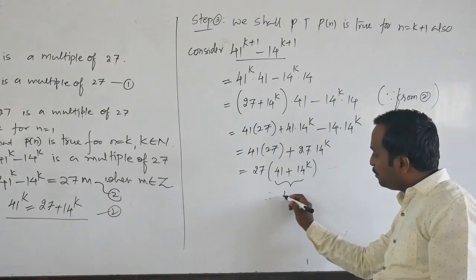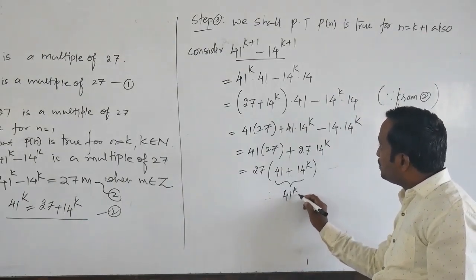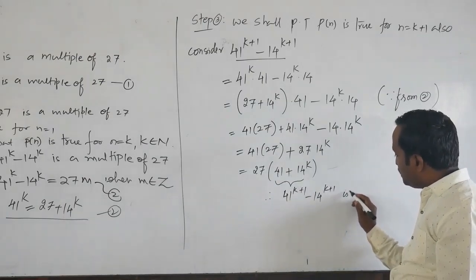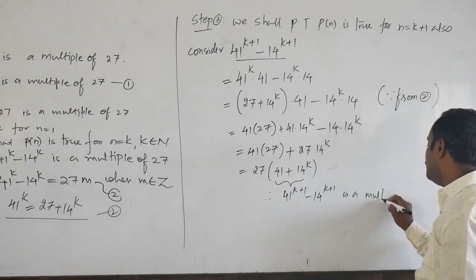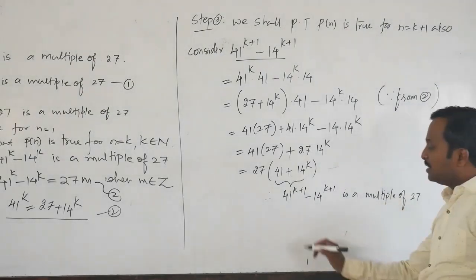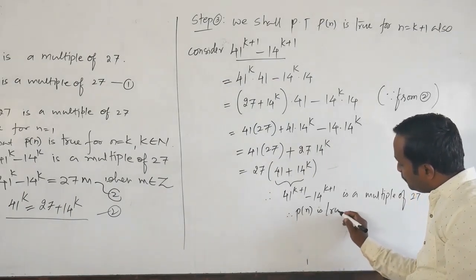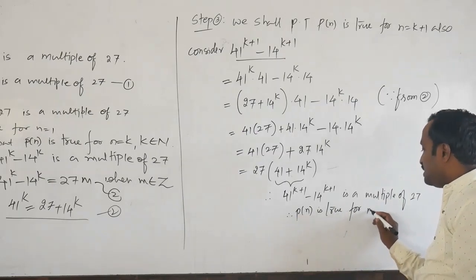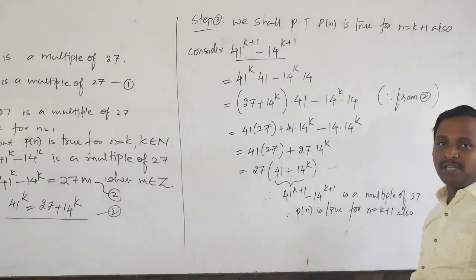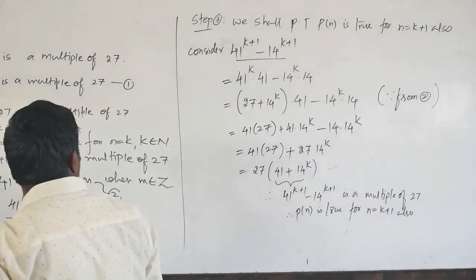Therefore I can conclude that 41 raised to k plus 1 minus 14 raised to k plus 1 is a multiple of 27. Therefore, P of n is true for n equal to k plus 1 also. Hence, by the principle of mathematical induction, P of n is true for all natural numbers.